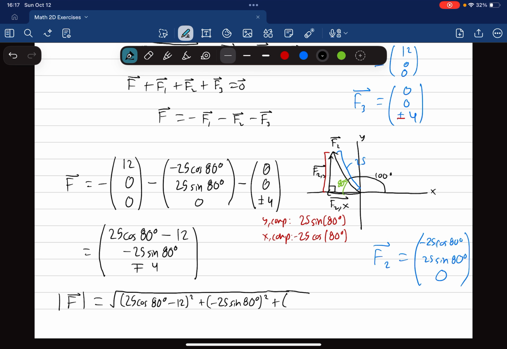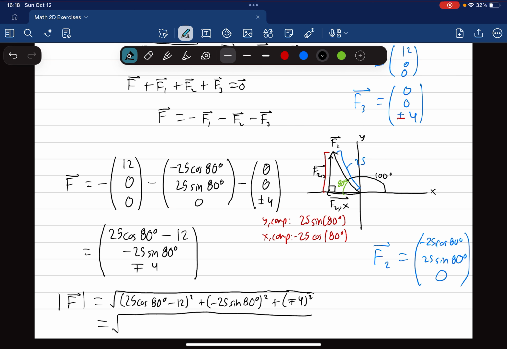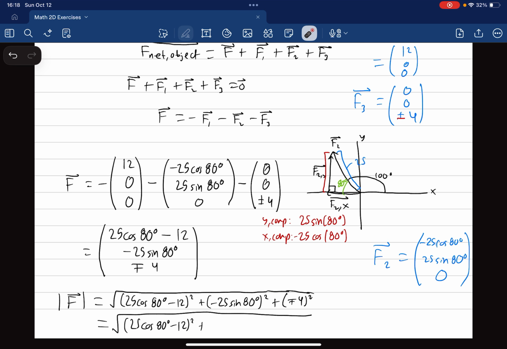And finally, we have the z component. And now you might already see why this minus plus doesn't matter at the end, because we're squaring, and that's just going to make it 4 squared. So this is 25 cosine 80 degrees minus 12 squared. Likewise, we lose this minus sign here because we're squaring.